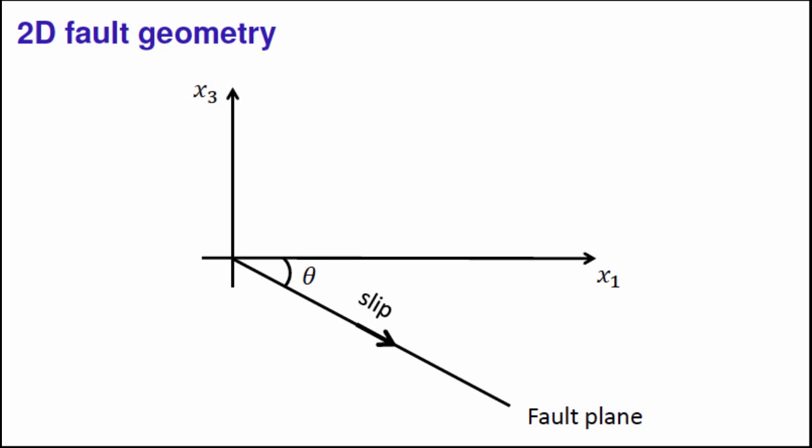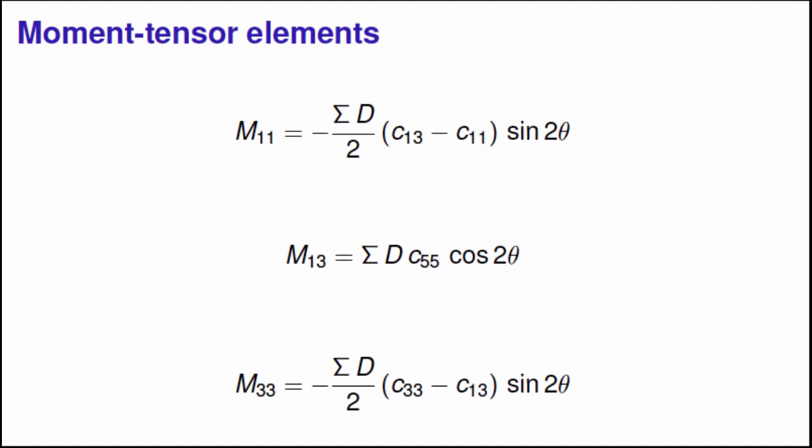So now consider this 2D fault geometry that we use in our inversion. In this case, the fault plane coincides with the vertical axis defined by x3 and x1, and theta is the dip angle of the fault.